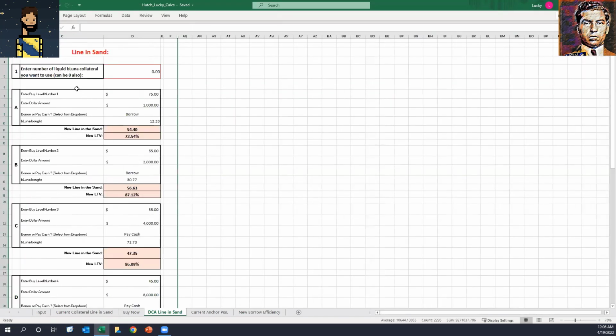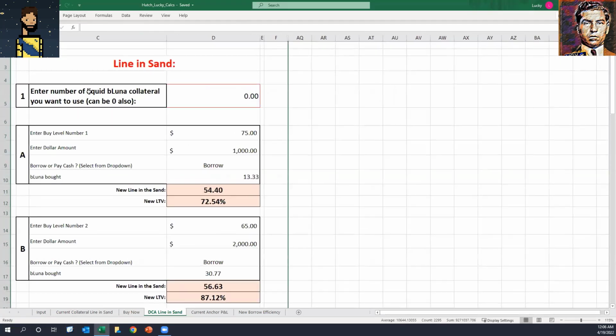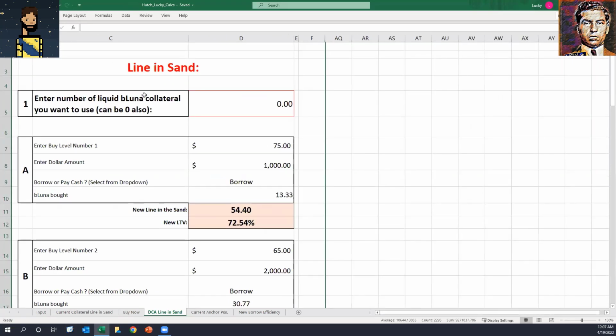Okay, zoom in on this. This could be your Cepheid martingale calculator. This could be your bids in Anchor Kujira calculator. You kind of have to fudge and guess a little bit, but this is if you plan on buying dips on the way down at different levels. Where would your line in the sand be?